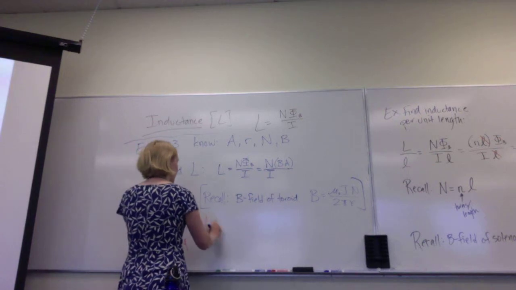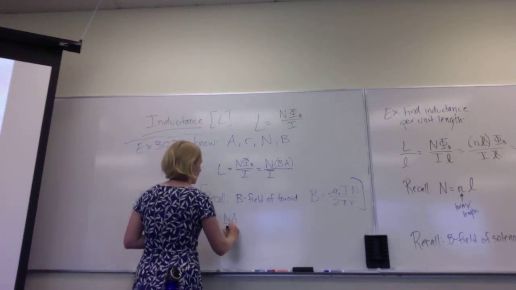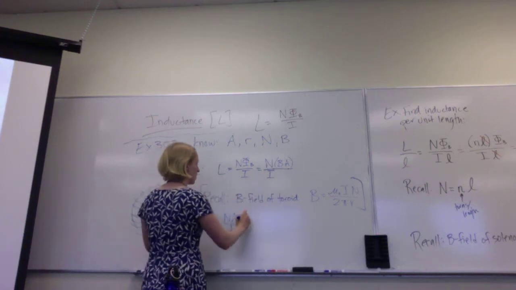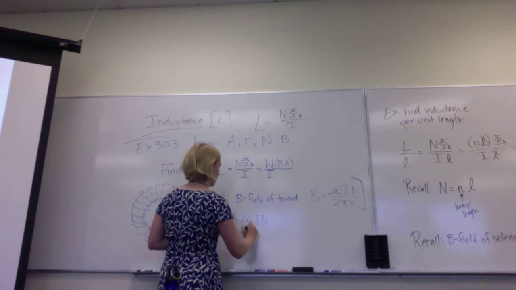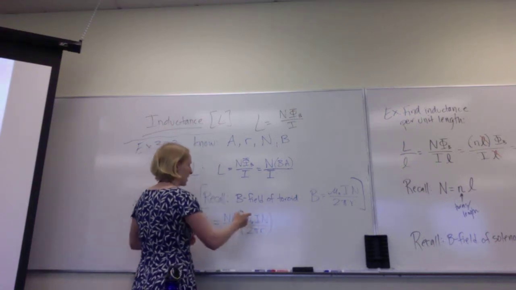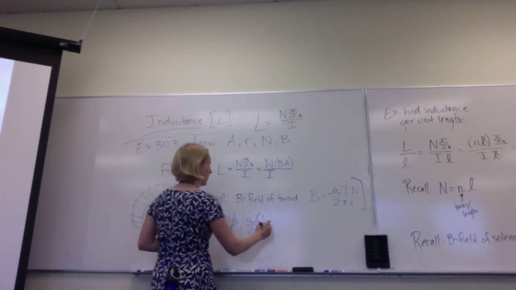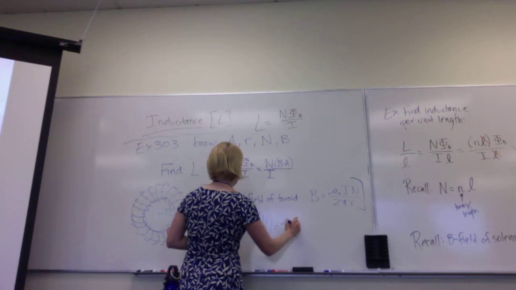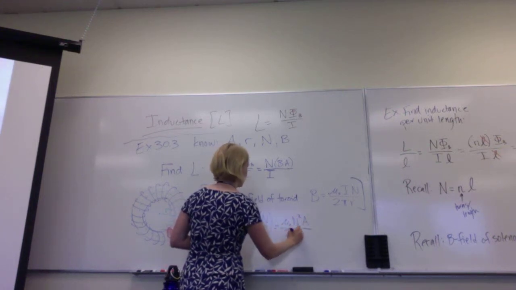So putting that in, I have L equals N A over I. And then the B term is all that stuff that we just added: mu naught I n over 2 pi r. I cancels, and we're left with mu naught n squared A over 2 pi r.